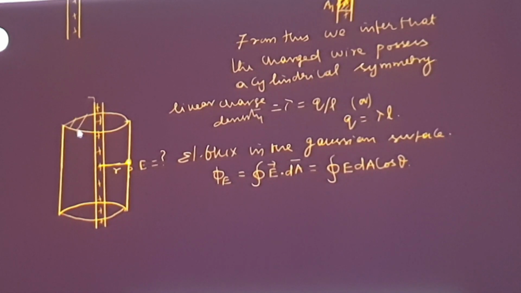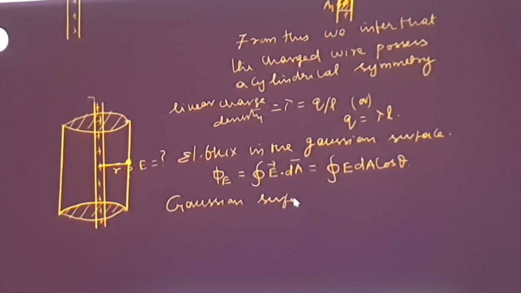The top is one end cap of the cylinder, the bottom is the other end cap of the cylinder, and the side, the cylindrical surface, we call the curved surface. So I have considered a Gaussian surface.